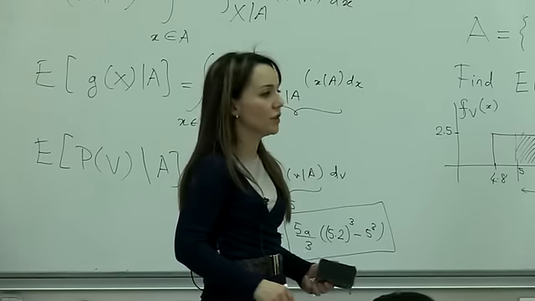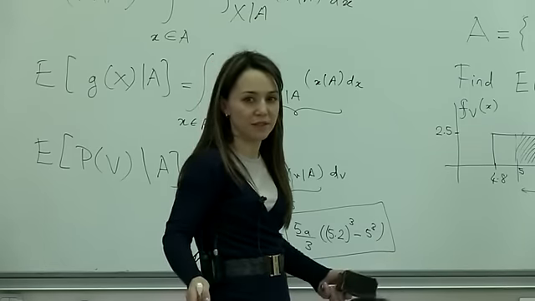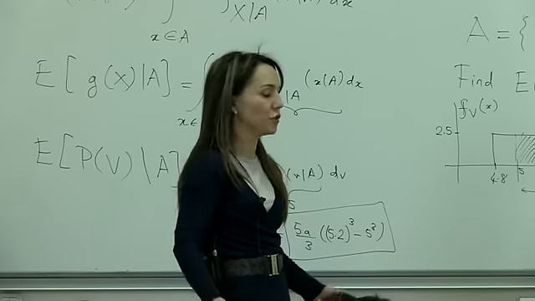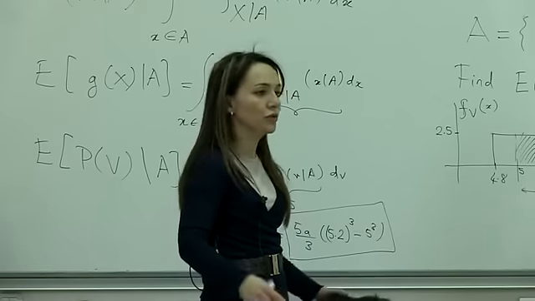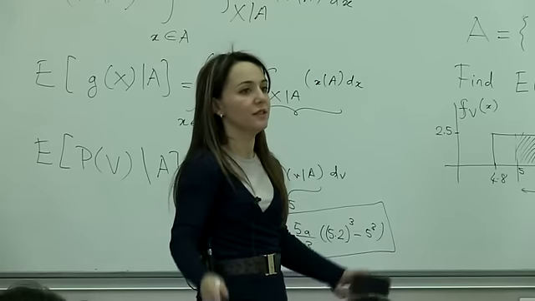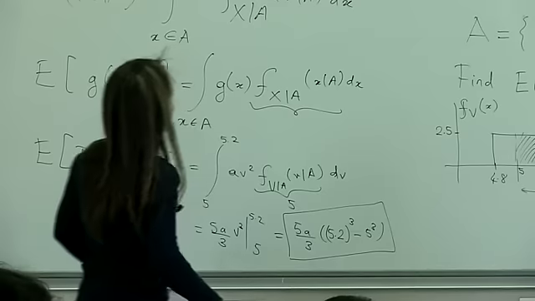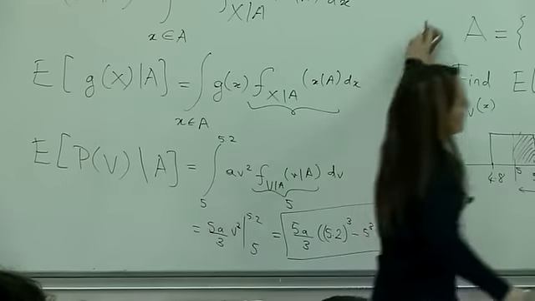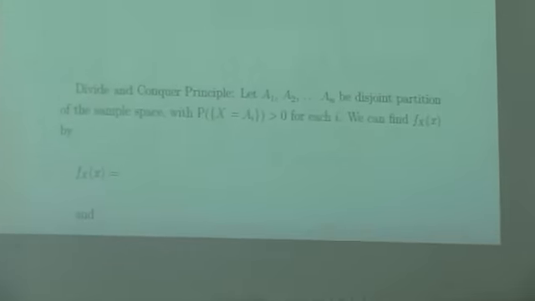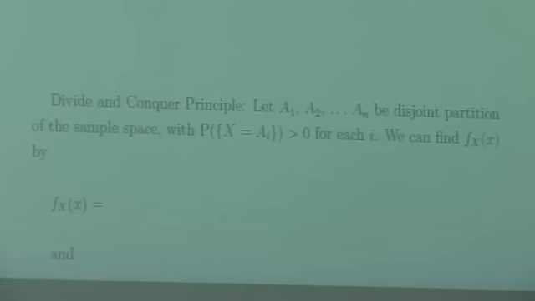By conditioning on certain events and breaking up the sample space into a partition of events, we can compute the density of a random variable using conditional densities combined using the total probability theorem. So let's see an example. Suppose we have a partition made of A_i's: A1, A2, A3, and so on.